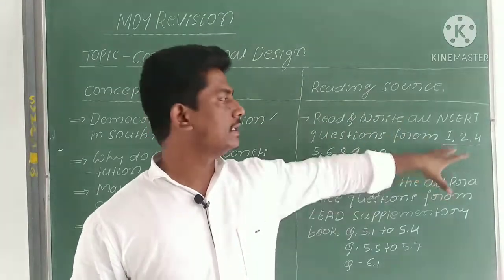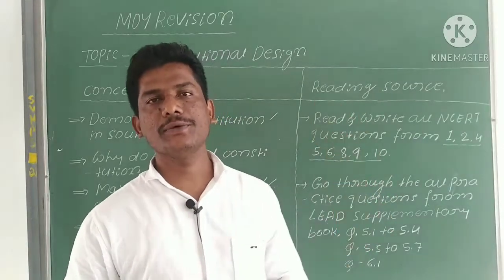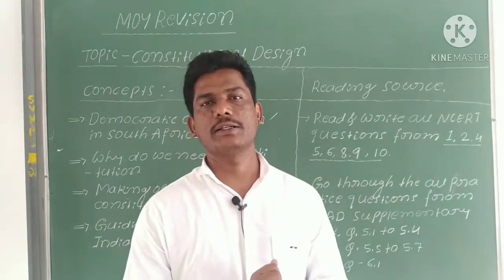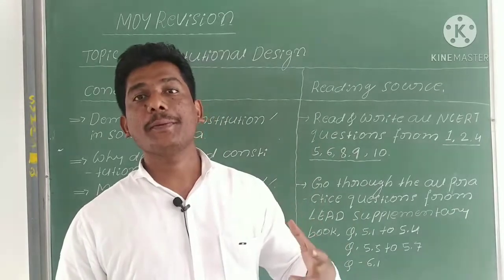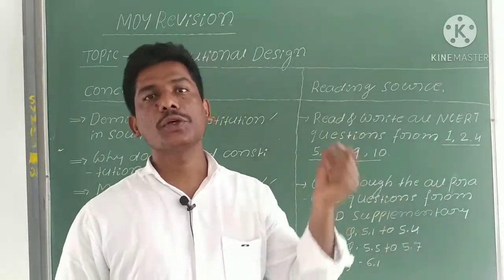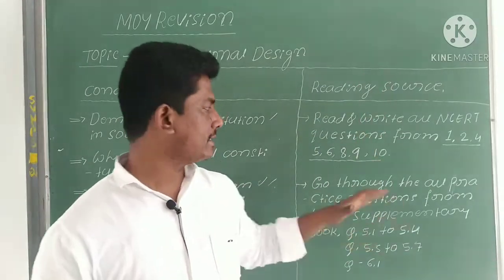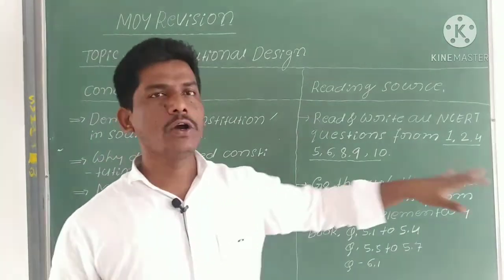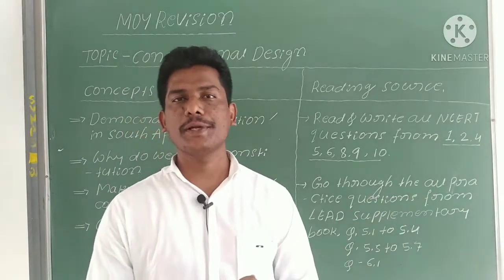After reading these questions, once again you need to write them in your CW, or you can call it the classwork, because we are preparing MCQ questions on this concept, so you need to go through these questions in detail. The second important source to read this lesson is all the practice questions from your lead supplementary book.